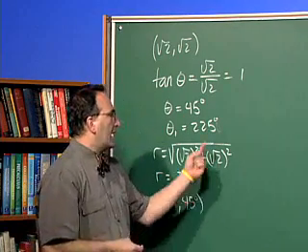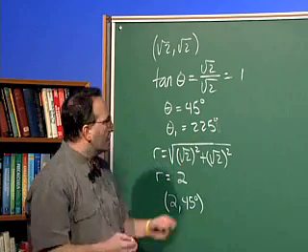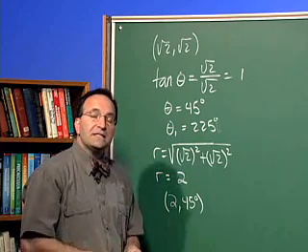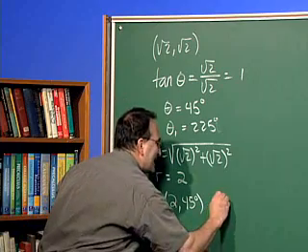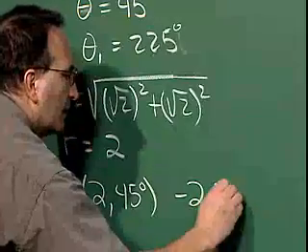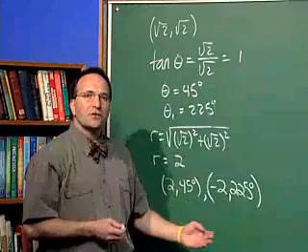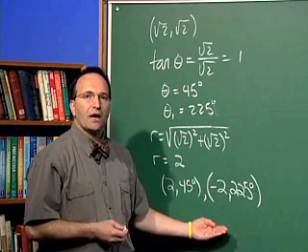Remember I said I'd come back to why I chose 225 degrees, and here's the reason. 225 degrees puts us into quadrant 3, but we need to end up in quadrant 1. Therefore, it's going to be negative 2, comma, 225 degrees. So these are the two answers that you should have gotten when you did the pause video problem.